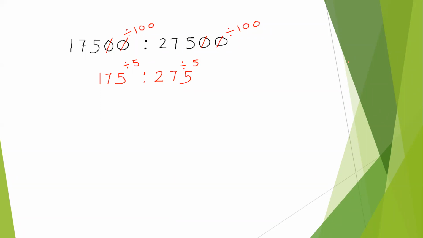But to be on the safe side, just use 5. What is 175 divided by 5? That'll give us 35. And what is 275 divided by 5? 55. That's correct.